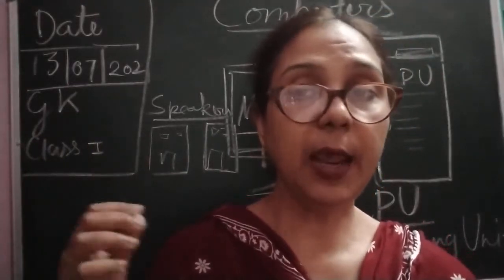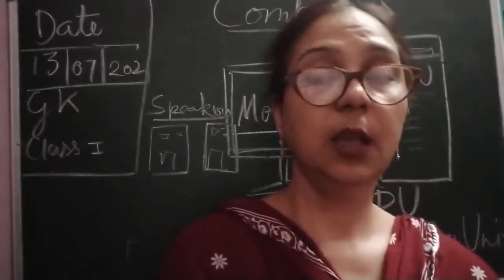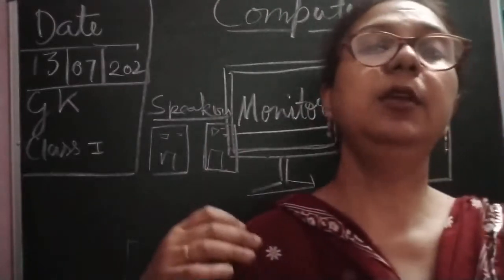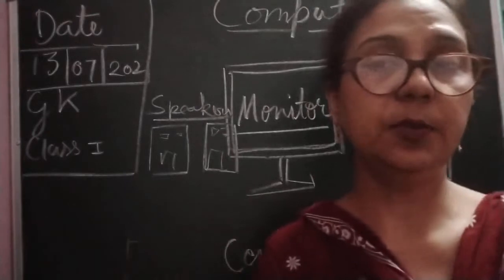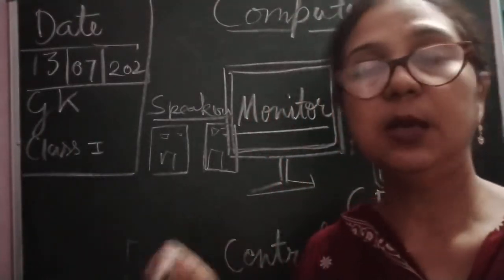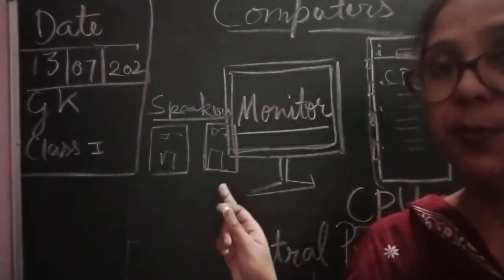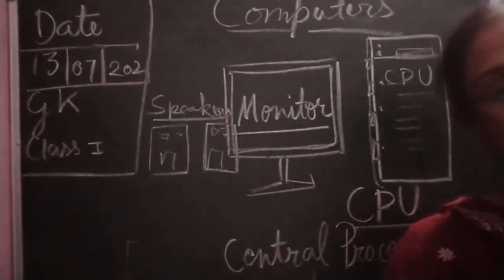If we play music, we use these speakers. If we are playing a movie or any video, we use these speakers because the voice is important. Without these speakers we can't hear the voice. That is why we use speakers with the monitor and with the CPU.